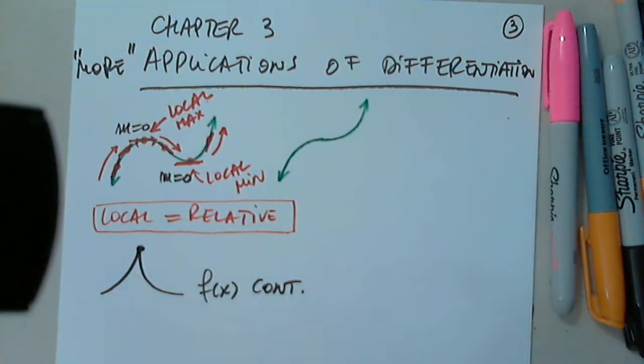How do we call it? Anyone? How do we call this point? No one remembers? A cusp or a corner?